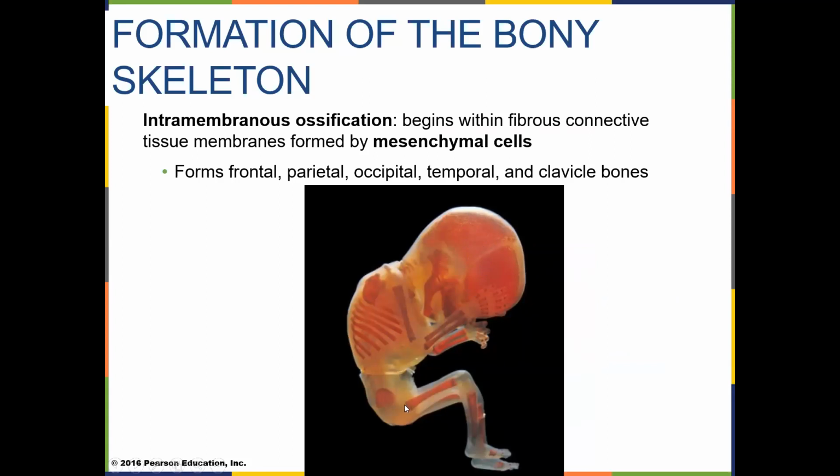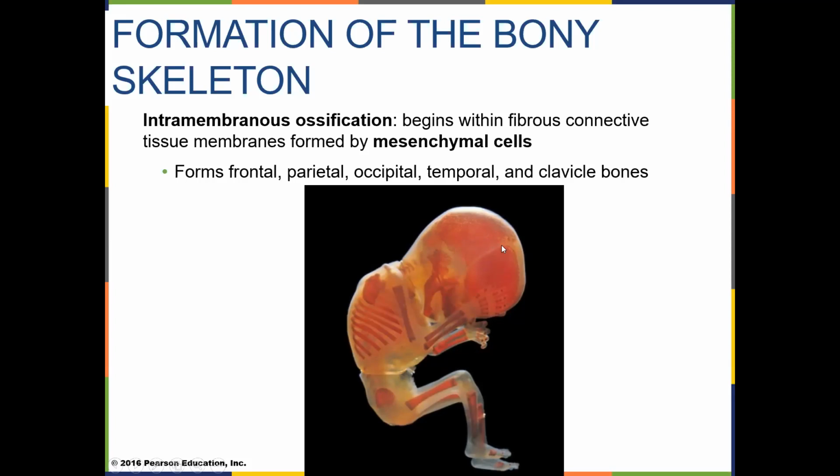Now we can see that this fetus is a little more transparent because the ossification of the hyaline cartilage isn't as far along here. The bones look smaller. They only appear smaller because we haven't calcified as much of the cartilage. But we can see the membranes very clearly here.